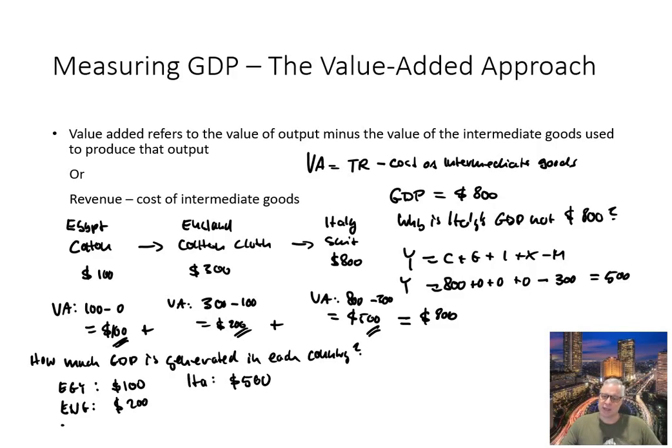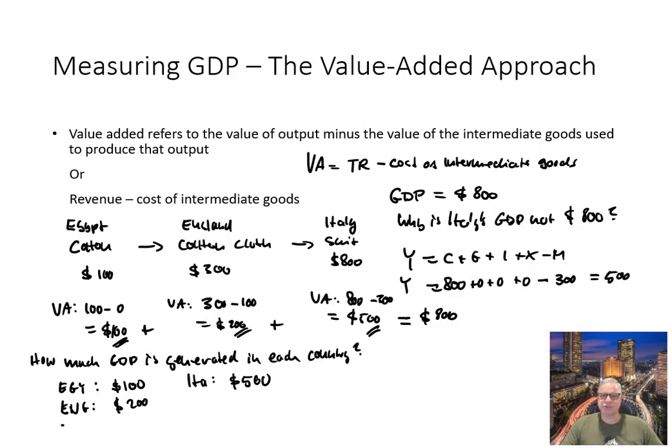So in this case, again, if we assume that the suit is produced in 3 countries, then for Italy the suit would only contribute $500 to Italy's GDP.